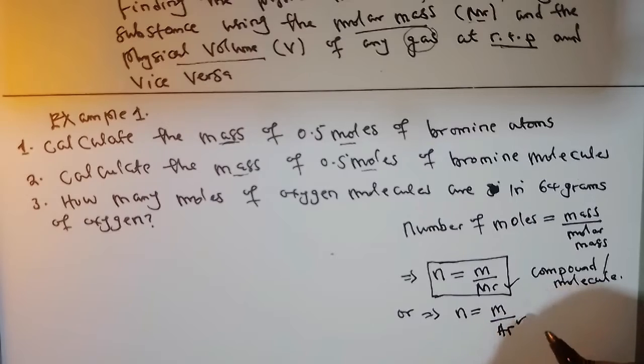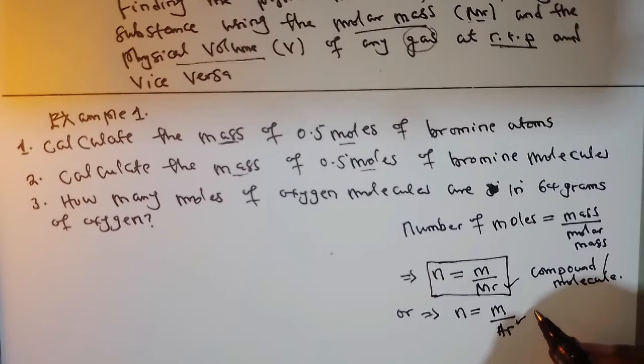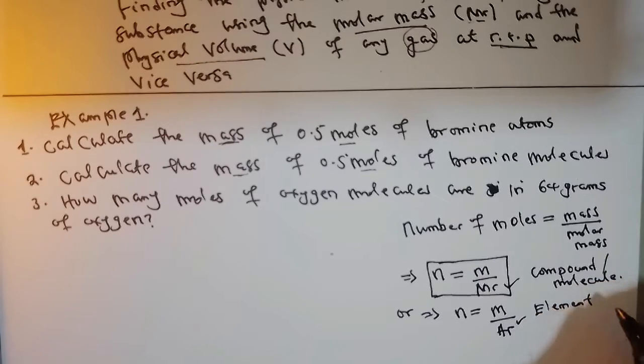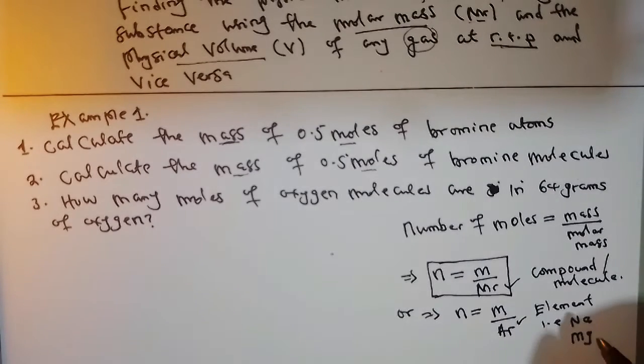When you're dealing with this one, then you are dealing with an element, for example a single element like sodium, or even just magnesium. So make sure you take note of the differences between the formulas, despite the formula being the same.